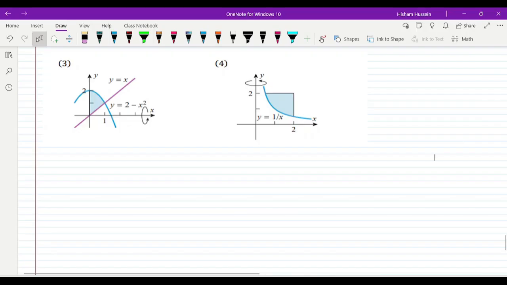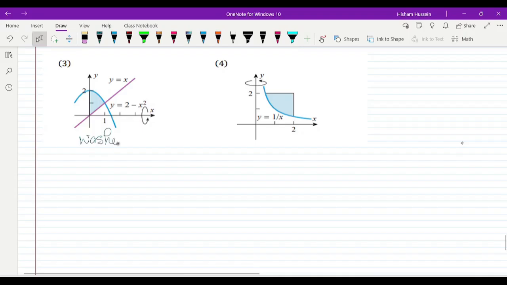Okay, for this set of problems, find the volume of rotating this shaded region about the x-axis. As we have a space between the shaded region, the area of rotation, and the axis of rotation, this means we are going to use the washer method.